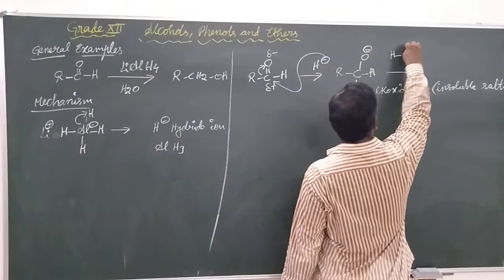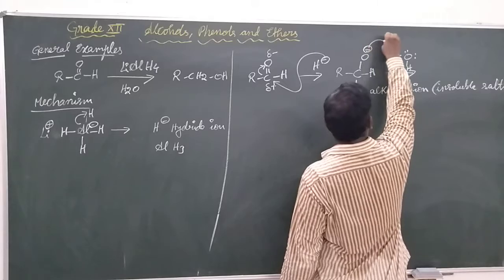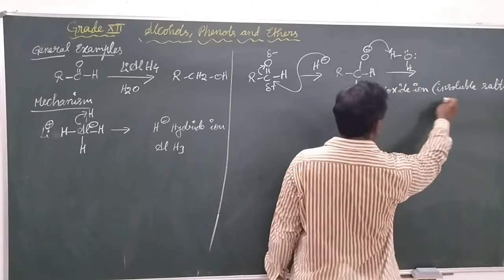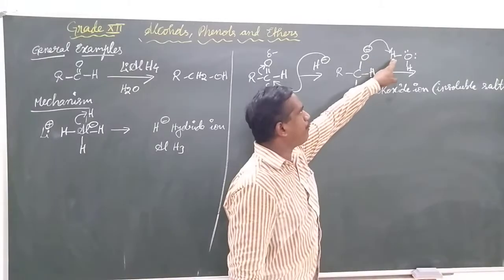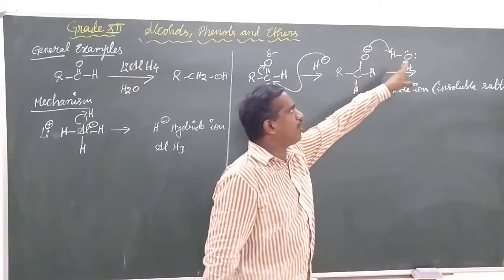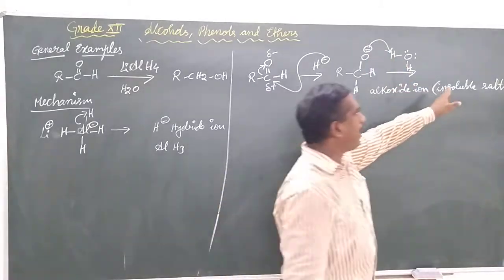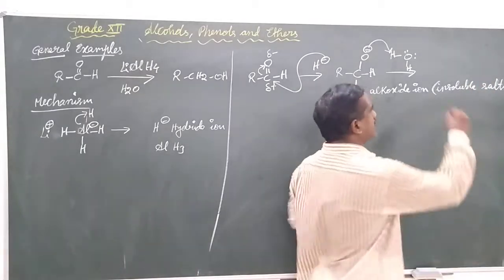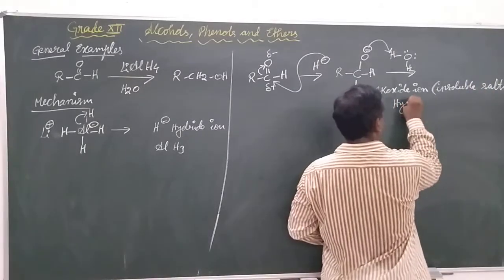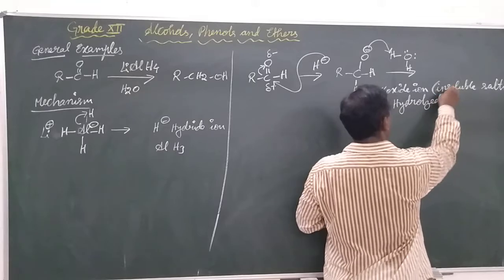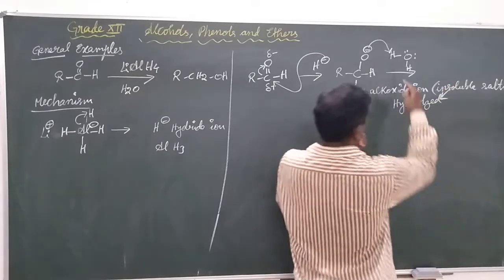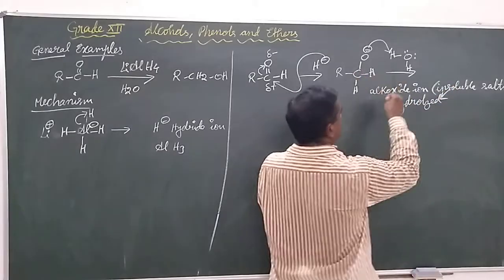The protonation of the alkoxide ion takes place. Protonation means it gains one H+ ion from the water to make these insoluble salts be hydrolyzed.